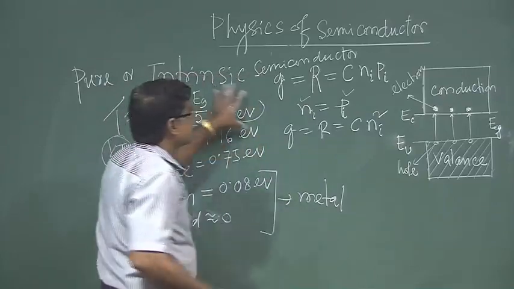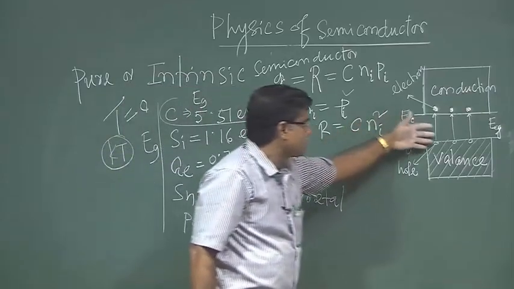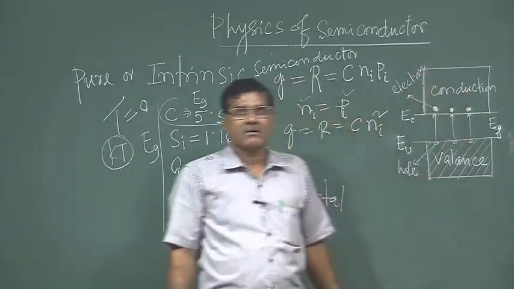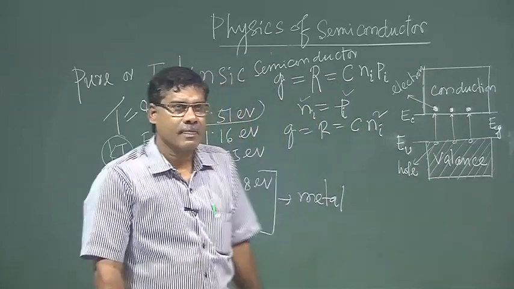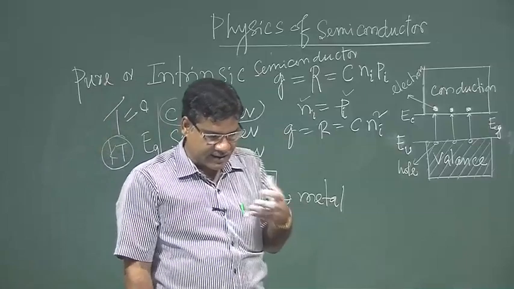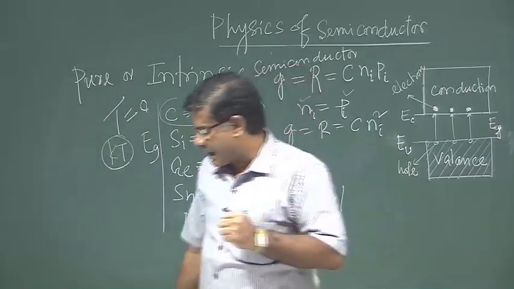Here, just because of thermal energy, by changing the temperature you can change the concentration of carriers. But there is another way to manipulate the concentration of carriers in a semiconductor.